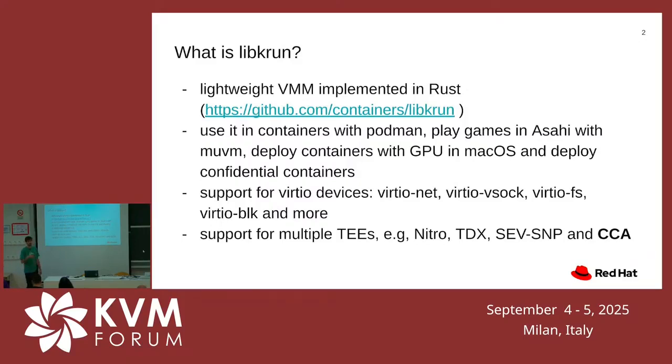It has support for a few virtio devices like virtio-net, vsock, virtiofs, and so on. And we also have a few TEE targets like Nitro, TDX, SEV, and now CCA. And this is the support I'm going to talk about today.